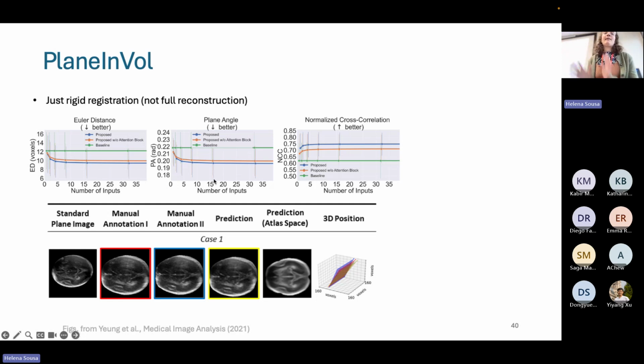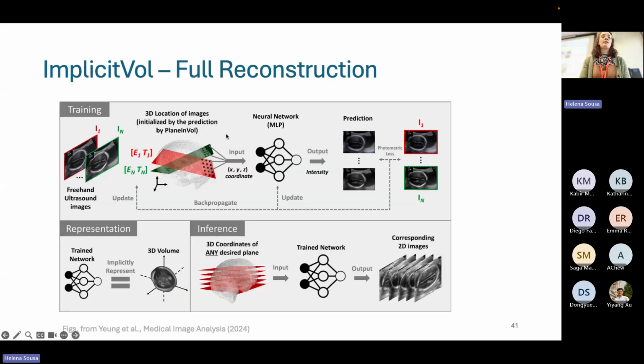So this paper is, again, just tackling the SVR part. It's just rigid registration without the full reconstruction, so without any super resolution or anything. In subsequent work, the same group proposed a more complete framework, which they call ImplicitVol.